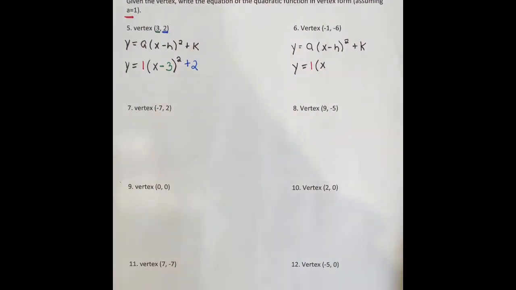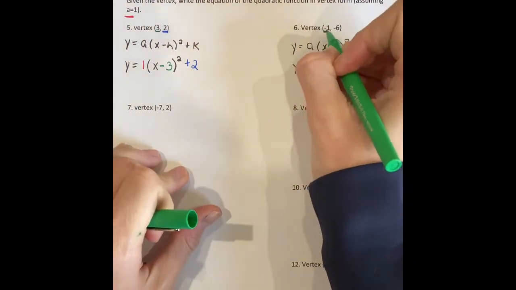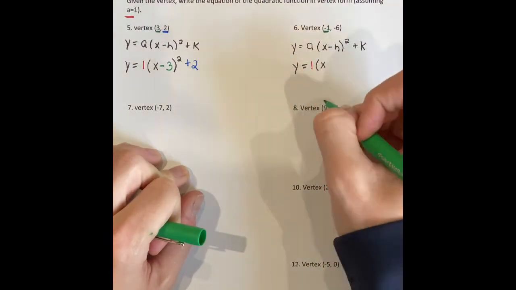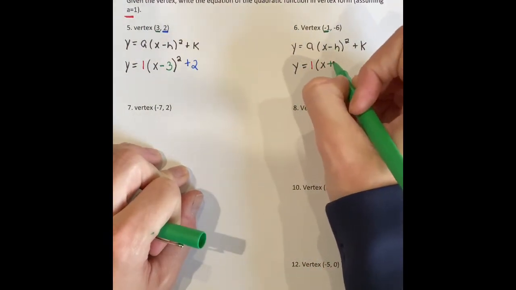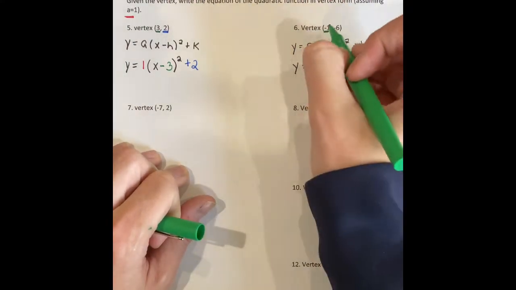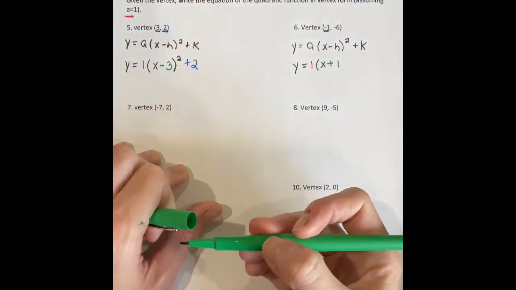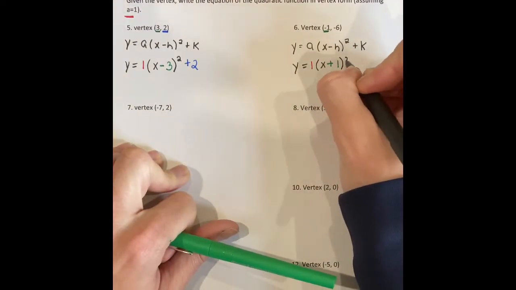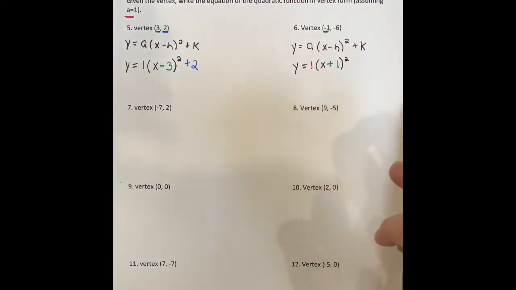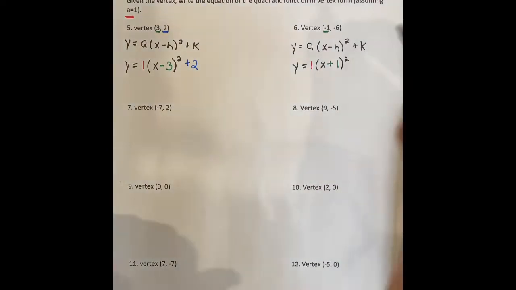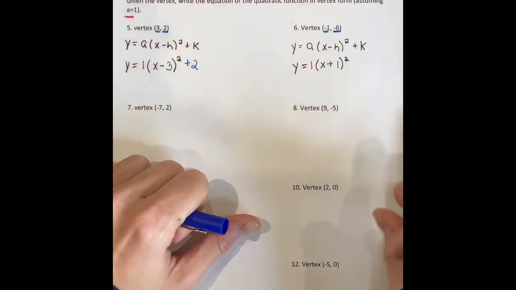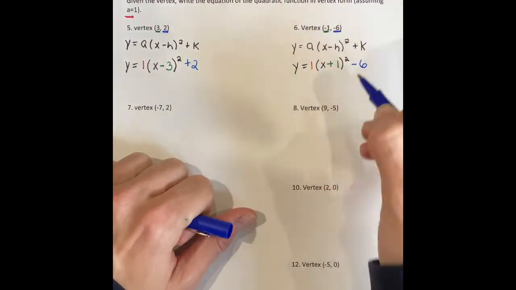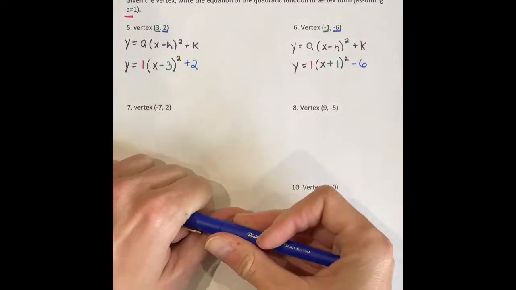So here I have a -1. So x minus a -1, which just gives us a +1. And remember, instead of a -1, it's a +1 there. It gets negated, so that makes sense. Squared. And then plus k. Our k value is a -6, so it really tells us to plus a -6, which just is a -6 there.